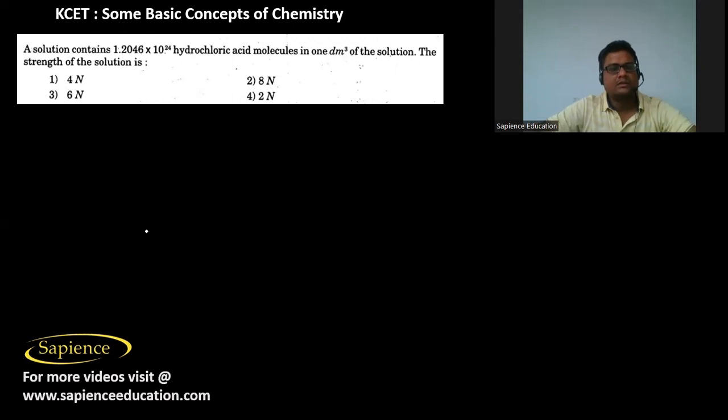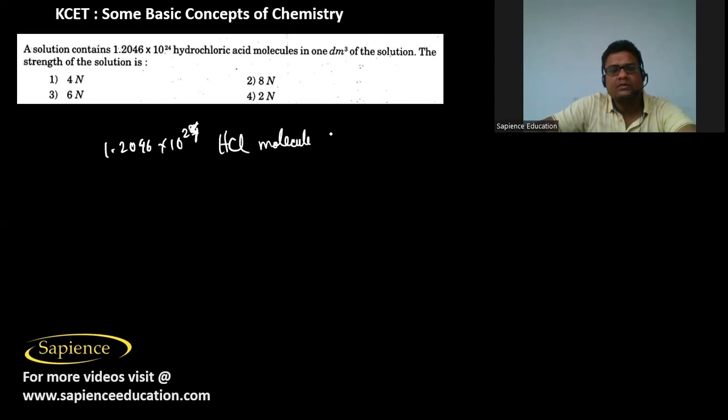Then here it is told a solution contains 1.2046 into 10 power 24 hydrochloric acid HCl molecules in 1 decimeter cube of the solution. The strength of the solution is... So now we have to find the normality of the solution.